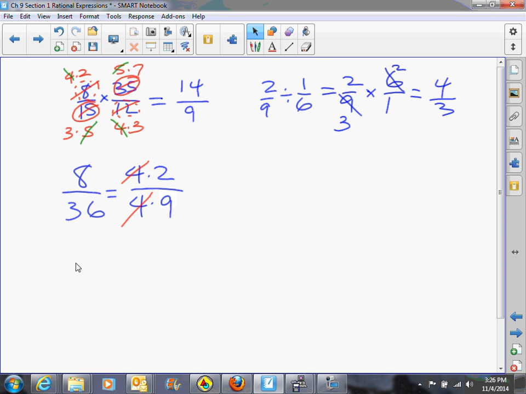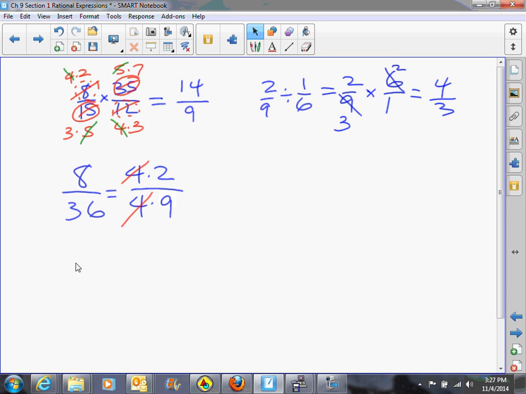You will be in trouble if you cancel things that aren't factors. In polynomials, which is where we're going with this, if you have two terms like 4x plus 7, 4 is not a factor of the polynomial, it's just a factor of one of the terms. So when you're canceling, make sure that it's factors you're canceling. If you cancel anything else, you have just ventured into the realm of the wrong answer.